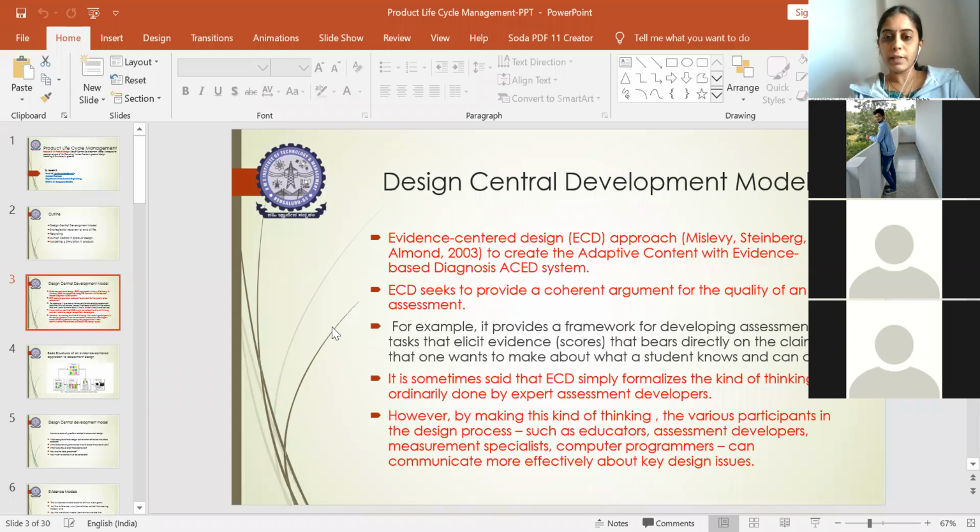This is mainly needed to generate an assessment-based model, because there will be many kinds of designs, and when a design engineer as a team leader has to identify the optimized design, there should be an assessment tool to identify which is the more competitive design concept. For that, they should have a design assessment model, and this model is called the design central development model, originated and developed in the year 2003.